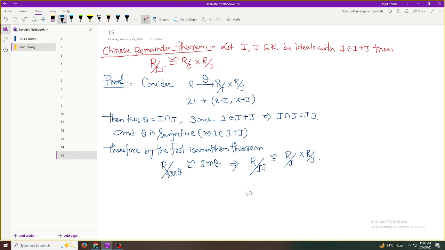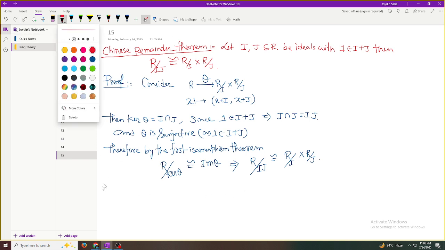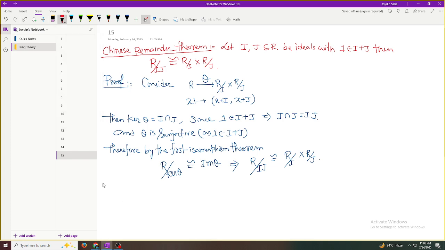Now we can extend it to this extension of CRT.